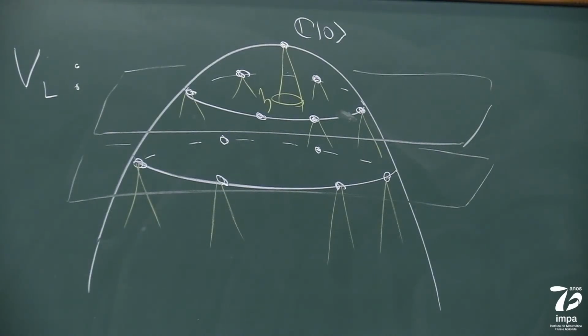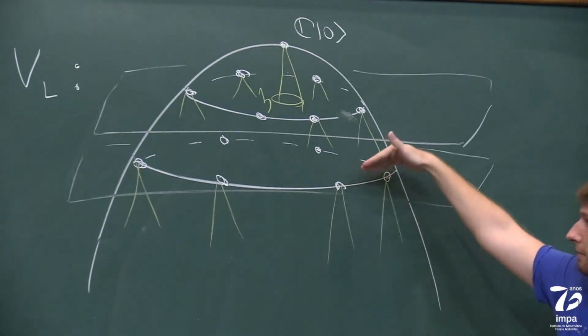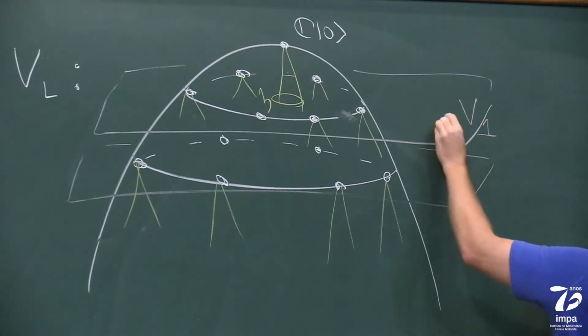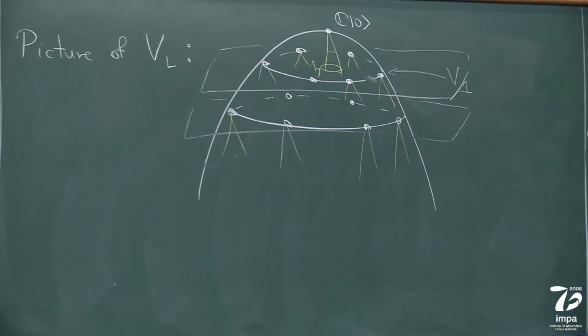You have this paraboloid, and so each of these vectors is an e to the alpha, and from it you can descend by applying these monomials. Okay, in V1, this is Pat here.